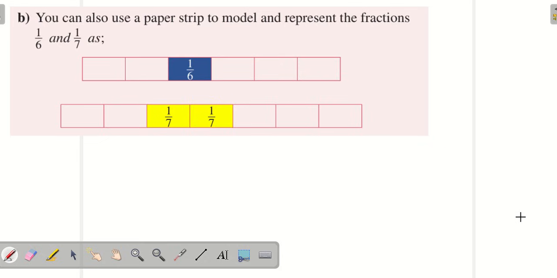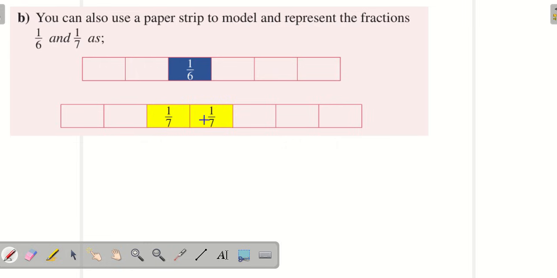B. You can also use a paper strip to model and represent fractions. So for example, let's say you have a rectangle that has been divided into 1, 2, 3, 4, 5, 6.